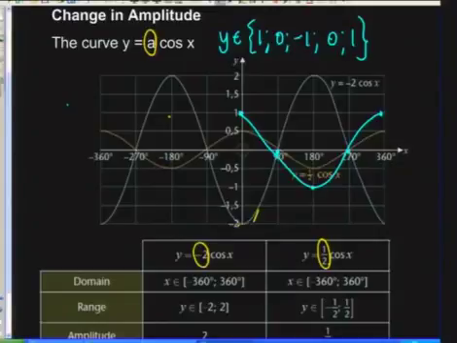So one wavelength is what we call the period. It takes 360 to complete the cycle. And then my domain, in this case, is because I've restricted my values to -360 to 360, but the range is dependent on what you've chosen for your domain.